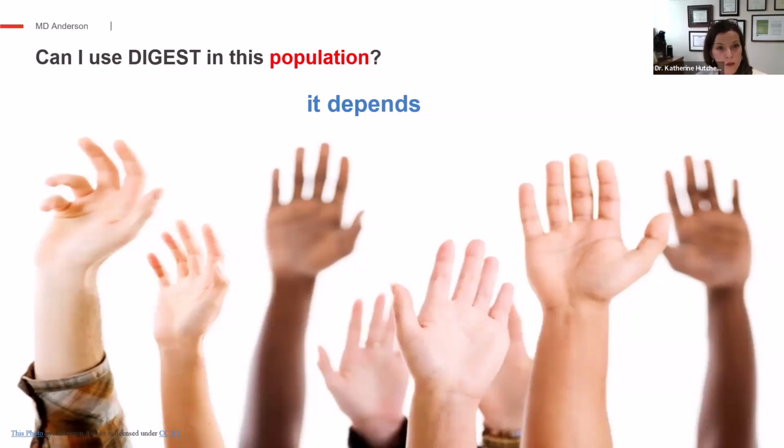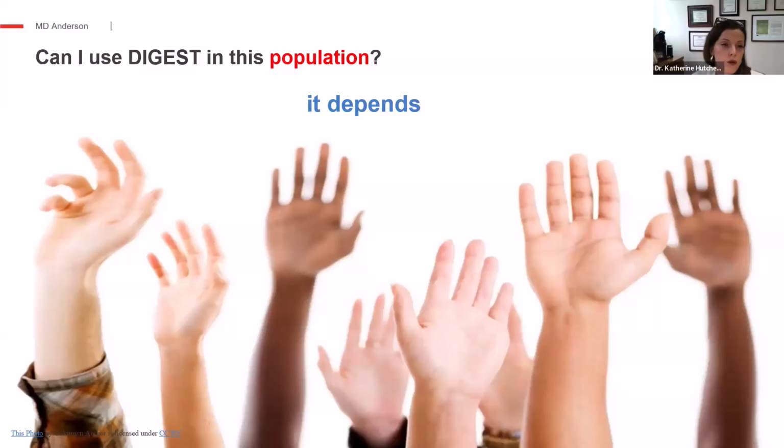And so if you have a patient population or even a specific patient where their swallowing impairment has manifested in penetration aspiration and pharyngeal residue, and that's a lot of our patients, then it's probably likely that Digest will generate a valid grade of the dysphagia for that individual.